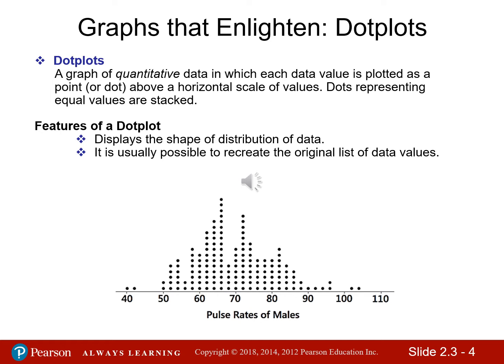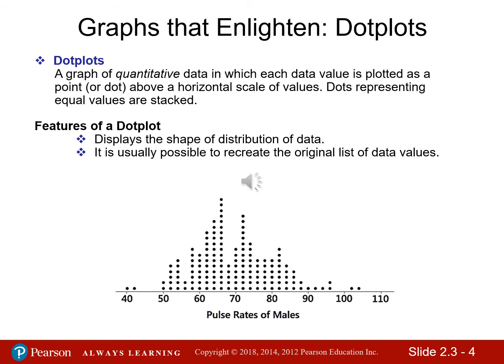To draw a dot plot, simply count the number of data points in a class and then draw a stack of dots that are that high for that class. Some features of a dot plot are: dot plots display the shape of the distribution of the data set, and also it usually is possible to recreate the original list of data values from the dot plot.